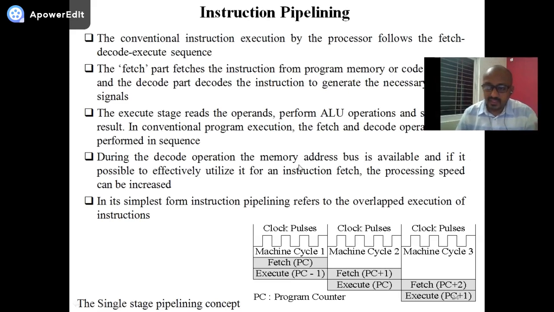For every machine cycle one single instruction is fetched from ROM, then it is decoded for which operation it has to do, and accordingly the data is fetched from the RAM and then it is executed. That is shown here. For every machine cycle one instruction is executed.